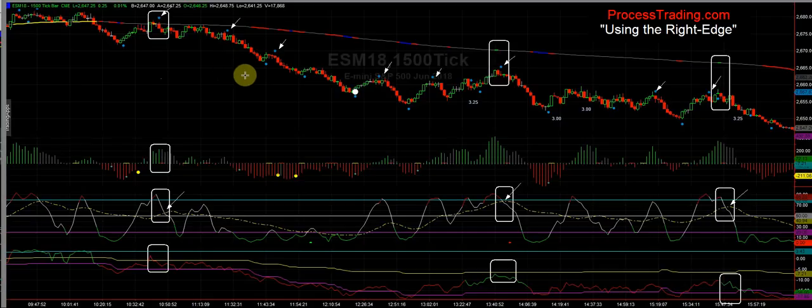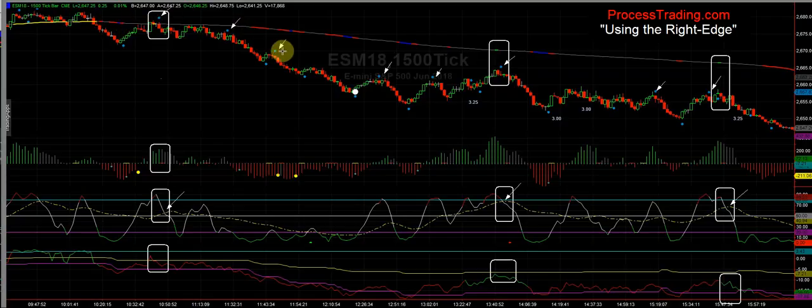And the way that that would be done is by using the ProcessTrading.com Right Edge trading system, which uses the PT VWAP line here, and then the timing alert dots. When the process trading VWAP line is gray and it has red segments within it, then that means that you can trade any timing alert dot that is above the price bars.